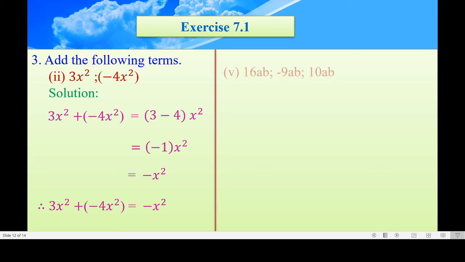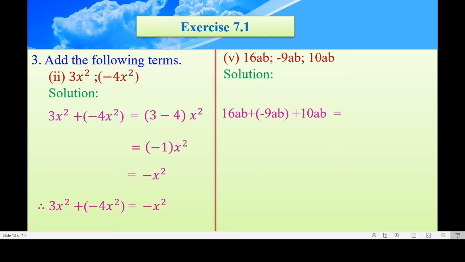Let us look into one more example. The fifth subdivision, 16ab minus 9ab, 10ab. So if you are going to add 16ab plus minus 9ab plus 10ab, keep the variables separate and keep the constants separate. Therefore, it becomes 16 minus 9 plus 10 in bracket into ab.